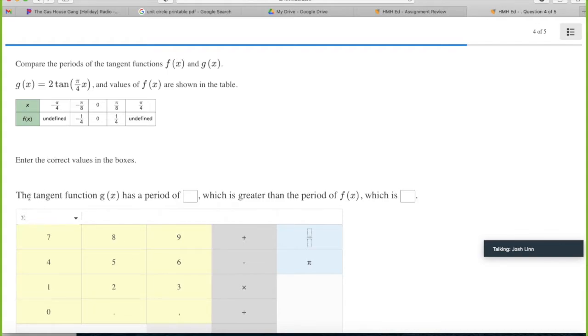Okay, so the tangent function g of x has a period of, let's see here, our period was, what was that? Something with our b, pretty sure, but I just want to look it up just to make sure. Oh, wow.